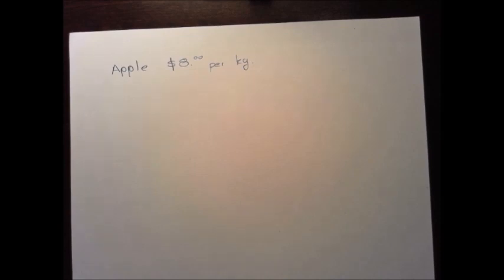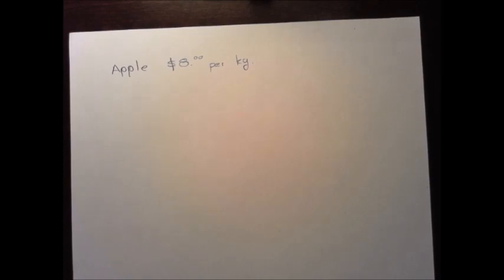The answer is easy, 8 pesos. What about 2 kilograms? The answer is easy, because in that case you are going to pay 16 pesos. What about if you want to buy 3 kilograms or 4? So the answer is going to be very easy, right? 4 kilograms, 32 pesos. What about if you want to buy 1.5? Well, in that case it's going to be 12 pesos.